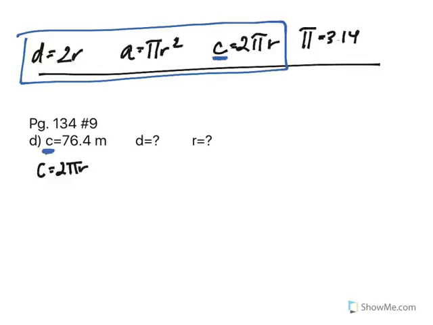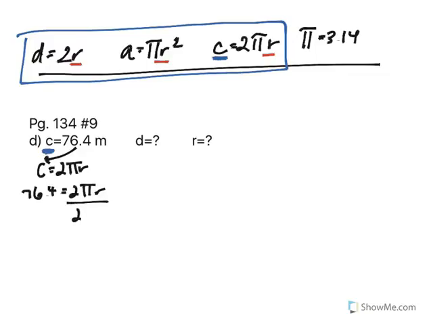You always want to solve for radius first, because radius is the foundation of all 3 of these equations. See, radius is in diameter, radius is in area, and radius is in circumference. So let's find the radius first. Now, if they give us that circumference equals 76.4, and we know from our equation that circumference equals 2 pi r, we can just substitute the value given for C, and we get 76.4 equals 2 pi r.